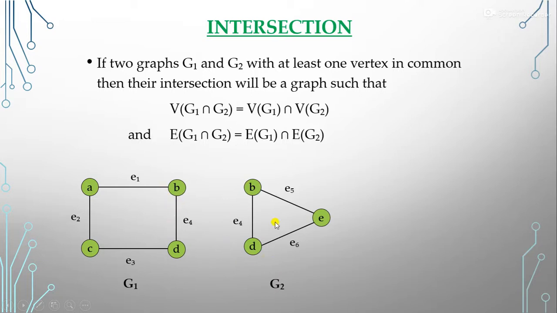Which vertices are common in both graphs? B and D. So the graph G1 intersection G2 has two vertices, B and D. And what edge is common in both graphs? Only E4. So this is the graph of G1 intersection G2. Clear? I hope you have it clear.